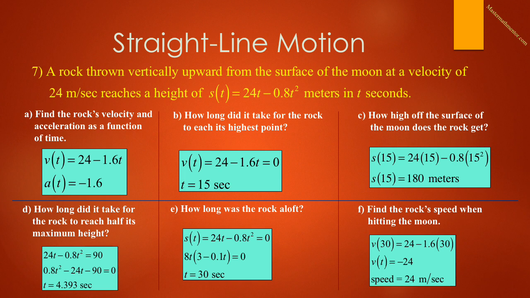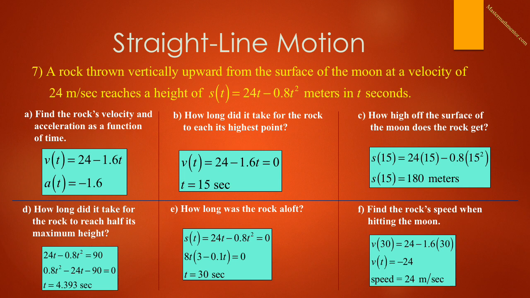And obviously t is equal to 0, that's when we started, and t is equal to 30 seconds. When an object is thrown from the ground, straight up and then hits the ground, it will take the same amount of time going up as it does going down. So we could have doubled the answer in B, 15 seconds, to get 30 seconds.